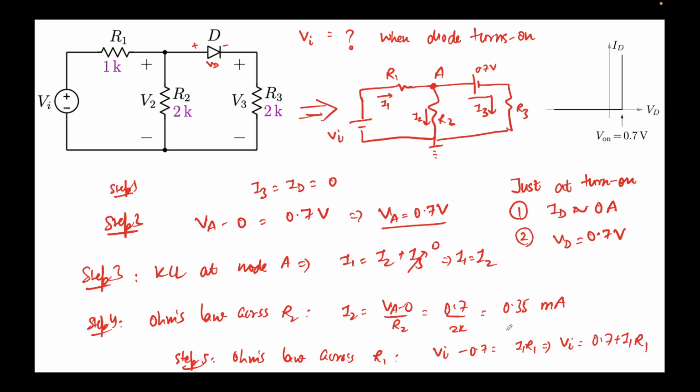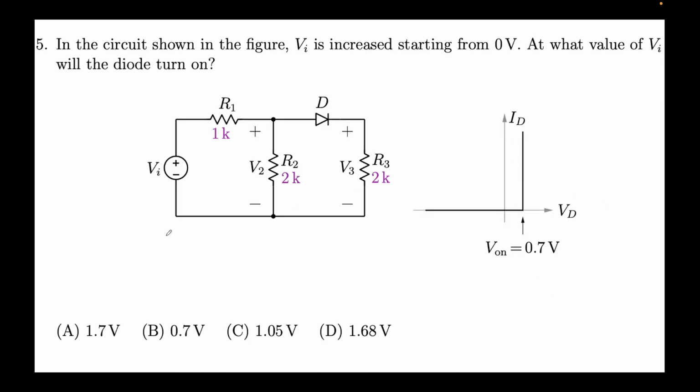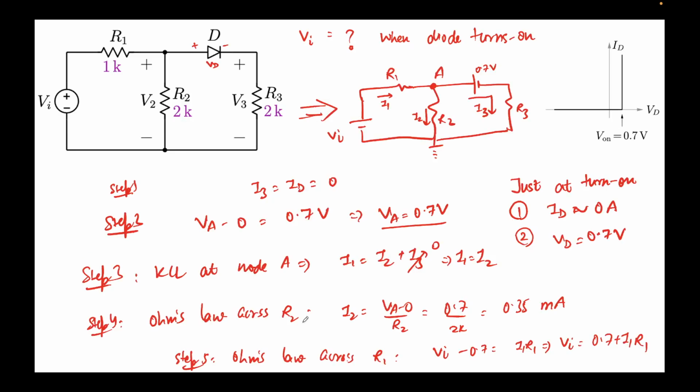The value of I1 will be the same as I2, which we obtained here, which is 0.35 milliamps. So VI is 0.7 plus 0.35 milliamps times R1, which is 1K. Milli and K will get cancelled, and this will give me 1.05 volts, which is your option C. So that's all in this problem.